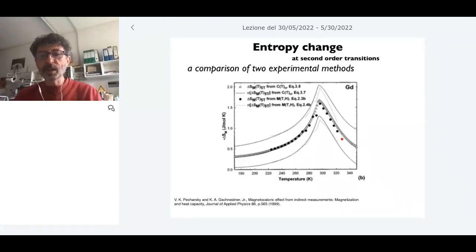So this is a very good confirmation of the power of thermodynamics, also in making measurements. So instead of doing the thermal measurement directly, you use a magnetic method to derive a thermal quantity, which is the entropy change, or then, if you like, the temperature change, which you can possibly convert.